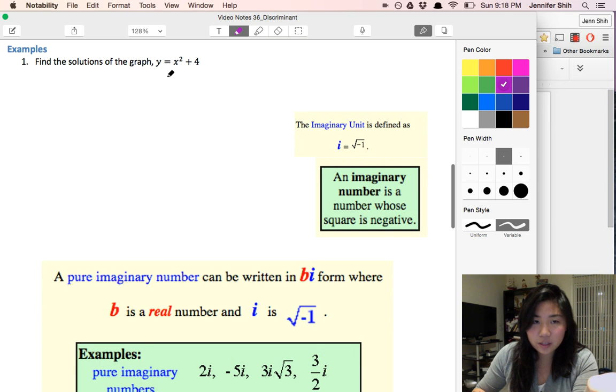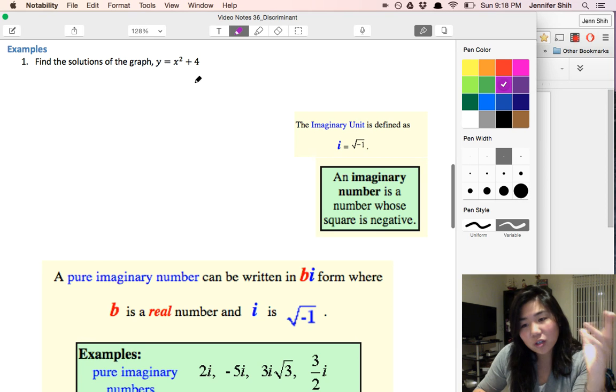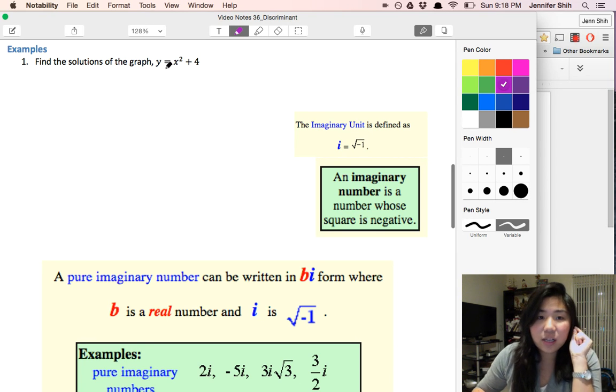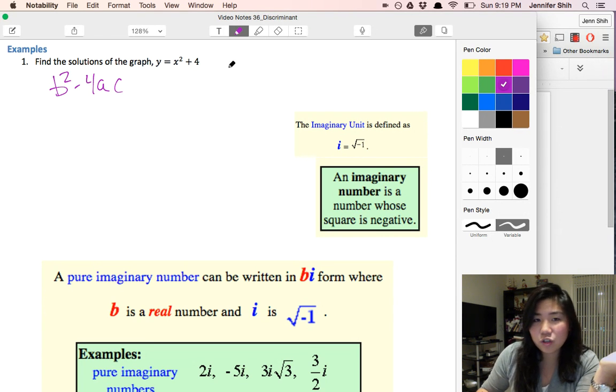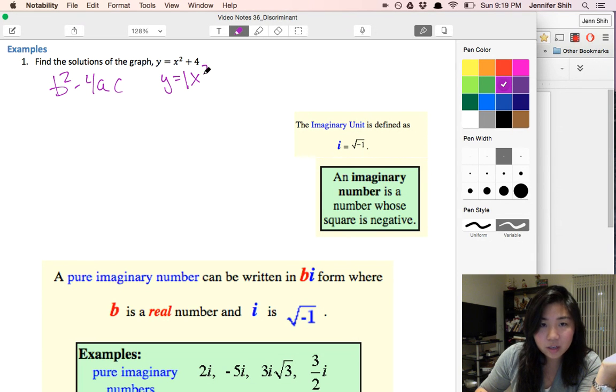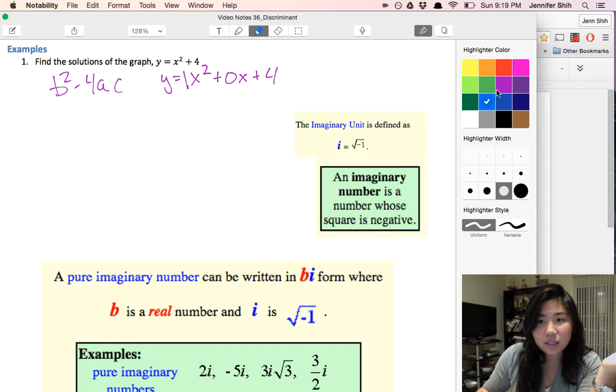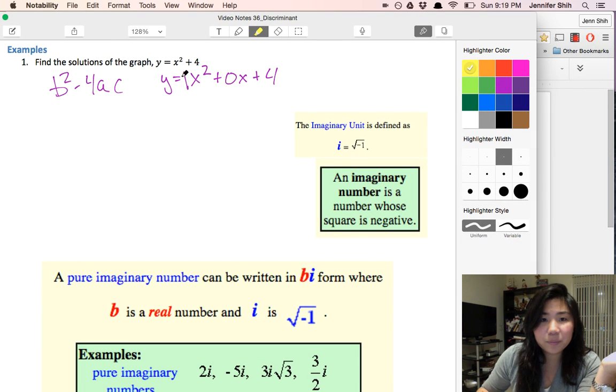So we're going to find the solutions to the graph x squared plus 4. Remember, the solutions are where the graph touches the x-axis. So let's use our discriminant, b squared minus 4ac, and see how many solutions it has. I'm going to rewrite this as 1x squared plus 0x plus 4, that way I can see my a value, my b value, and my c value.